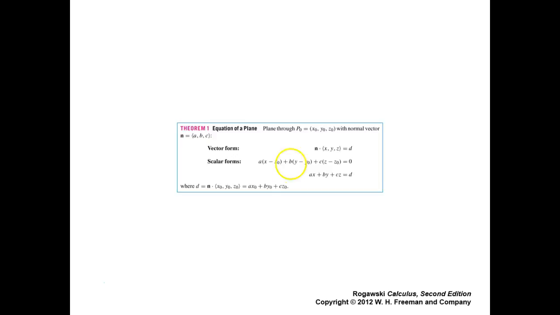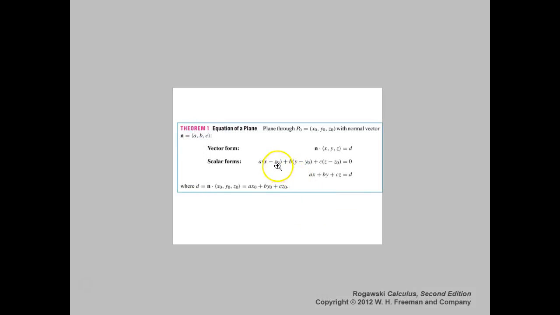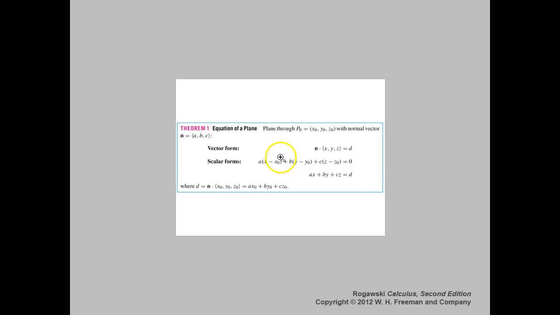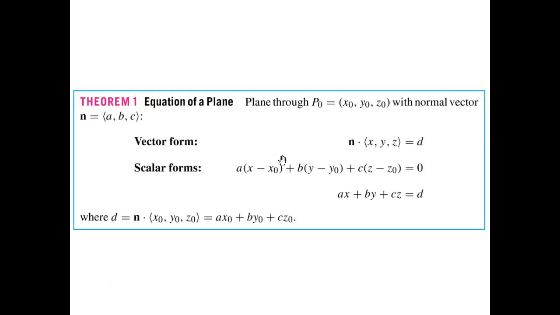Finally, we got to it. Let's blow this one up too. Okay, so the equation of a plane. If you have a plane through some fixed point P0, x0, y0, z0, a fixed point that has definite numerical coordinates fixed in space, okay?